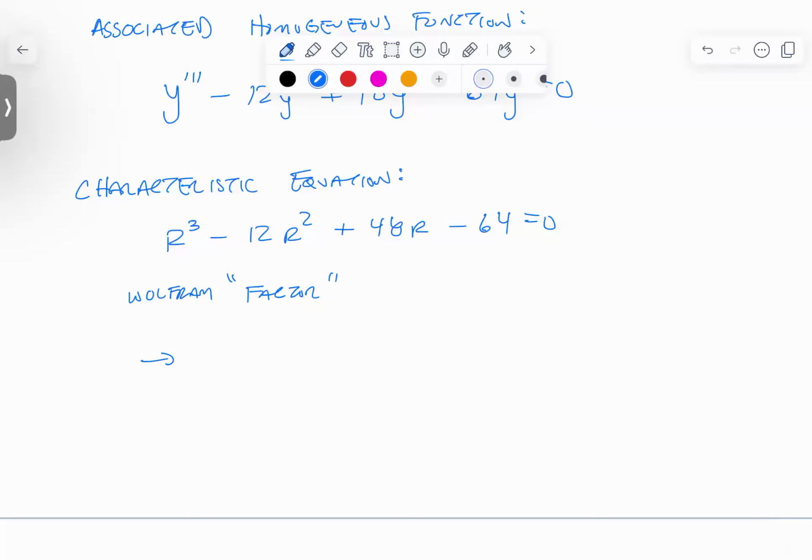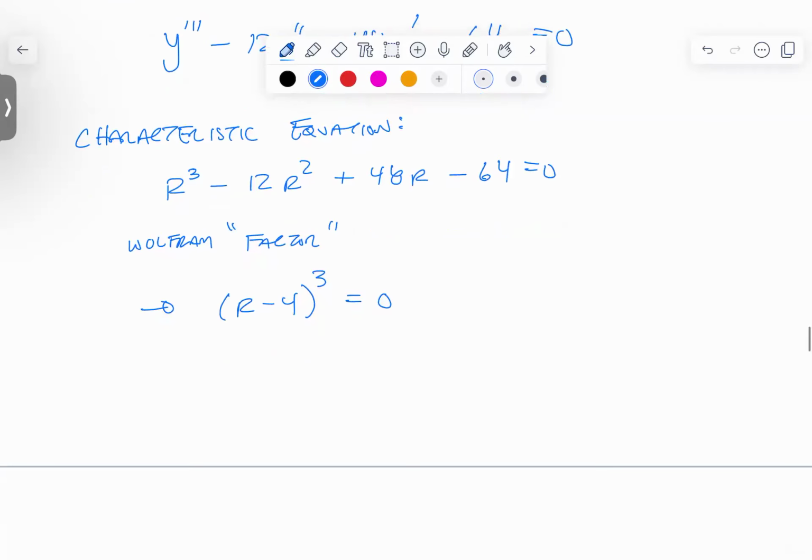We have our Wolfram. It's going to help us do the factoring. Actually, this one we could have done with synthetic division, if we had the desire, just because the real solution is 4.